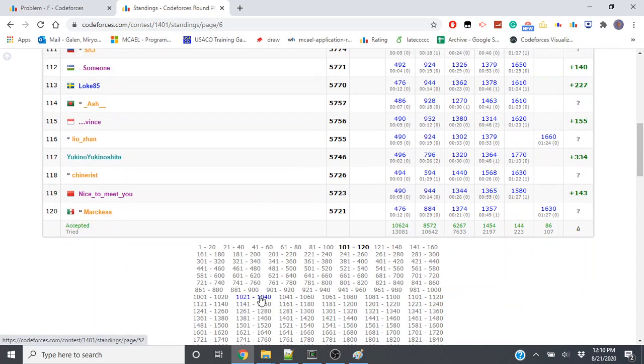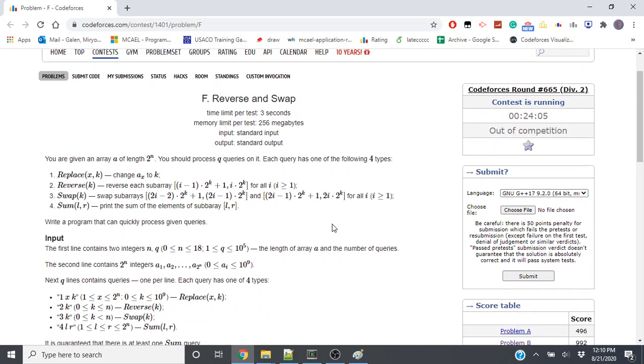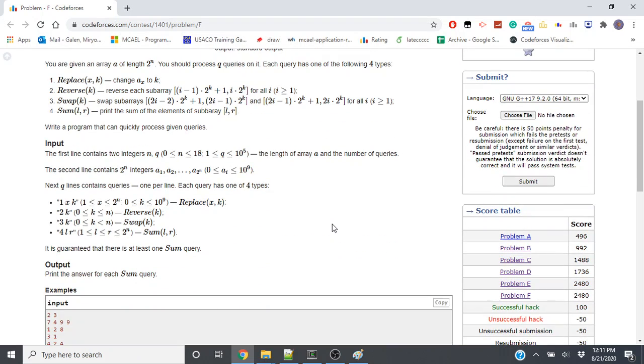Oh, there are a bunch of people that solved F instead of E. So maybe one of them is just easier for our people. Or maybe this is just easy.